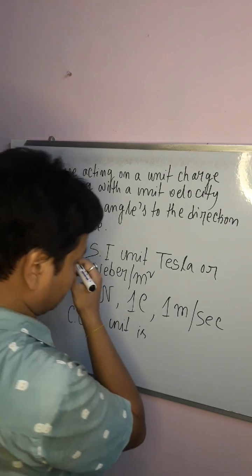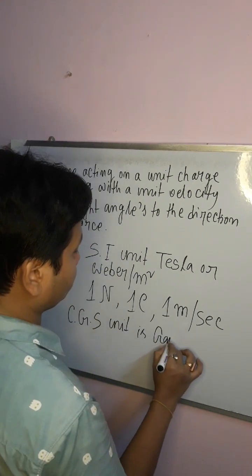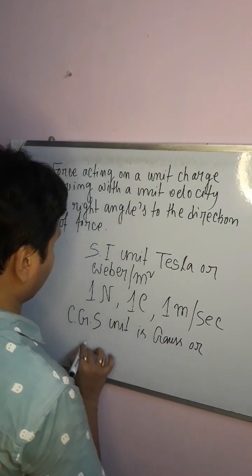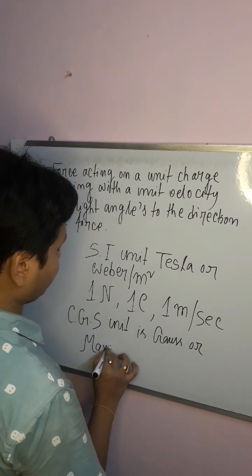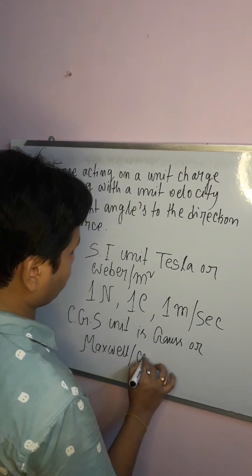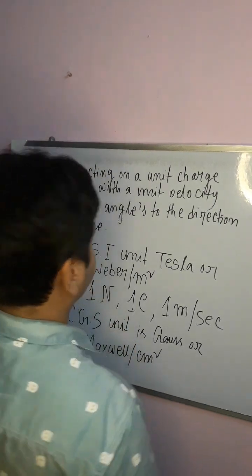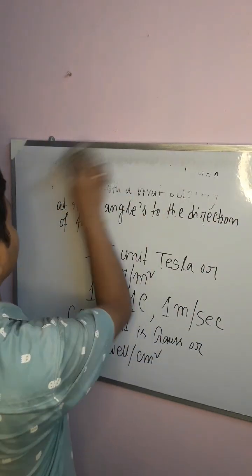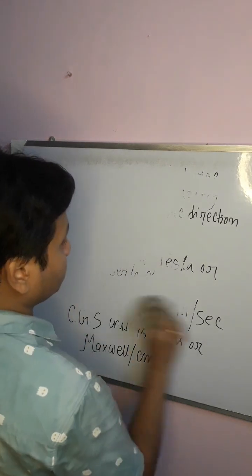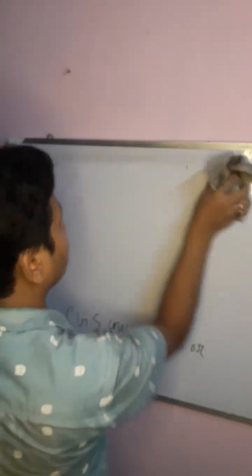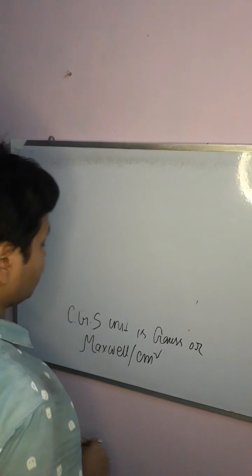And its CGS unit is Gauss, or there is another name, Maxwell per square centimeter. What will be the corresponding quantities?